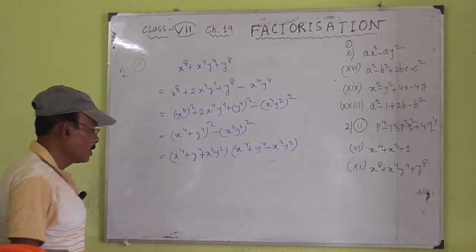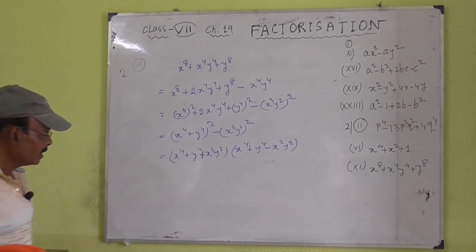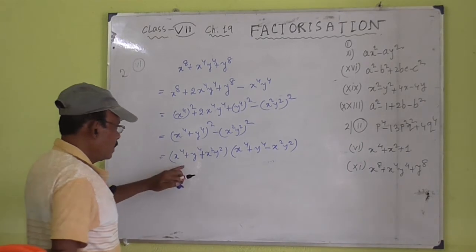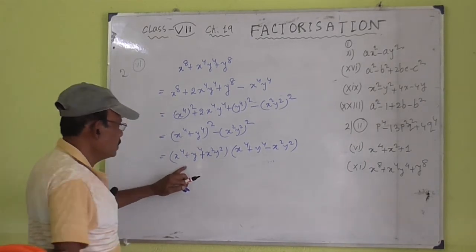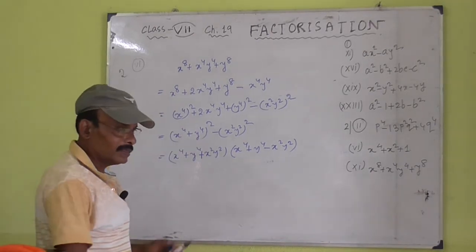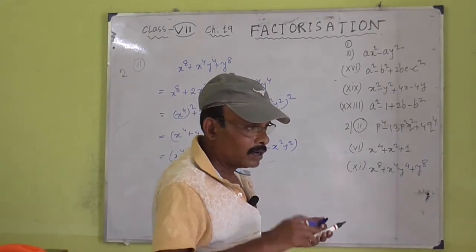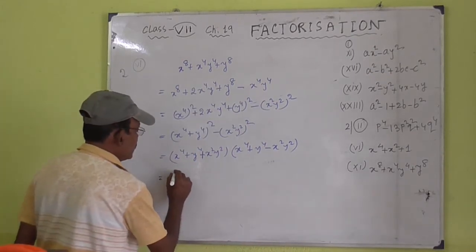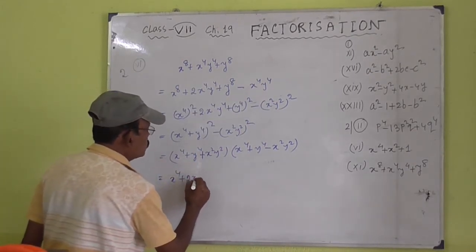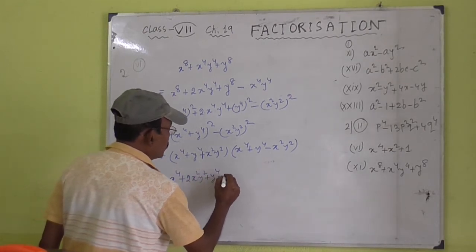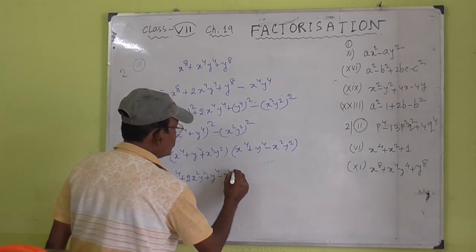Okay. Now, we see that if we try to make the form of a plus b whole square and then a square minus b square, we must arrange it x to the power 4 plus 2x square y square plus y to the power 4 minus x square y square.